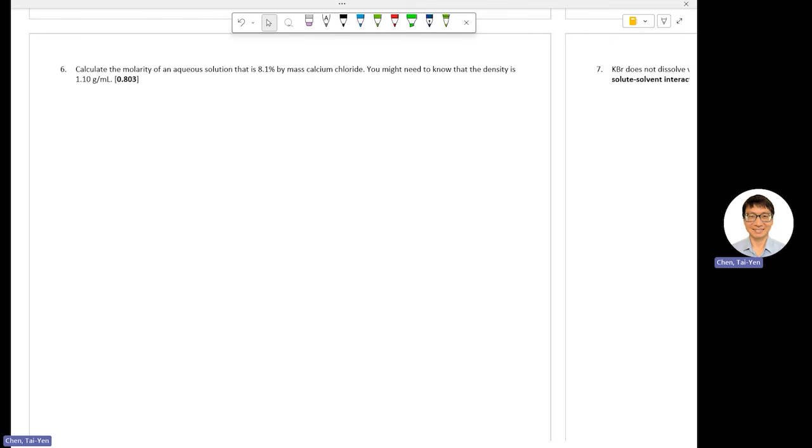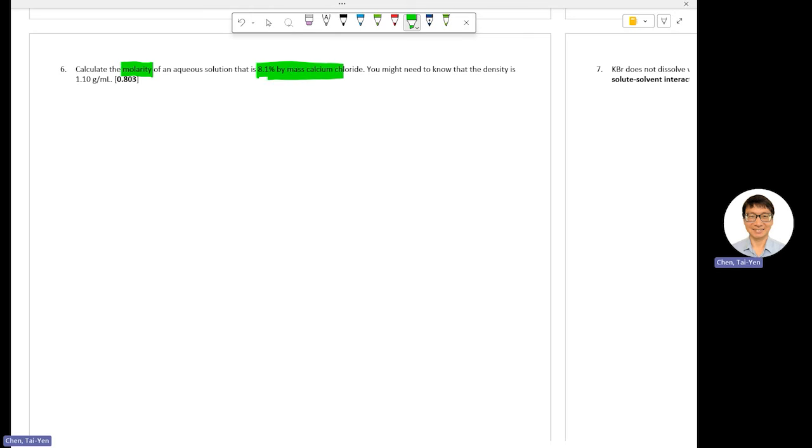You might need to know the density is 1.1 gram per ml. Okay, so what's the keyword here? What's the keyword? 8.1% by mass, right? The mass percent.